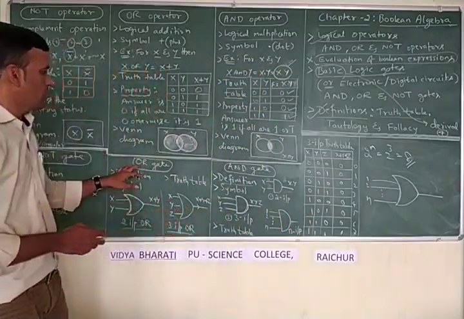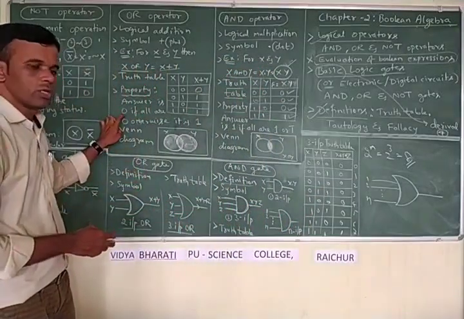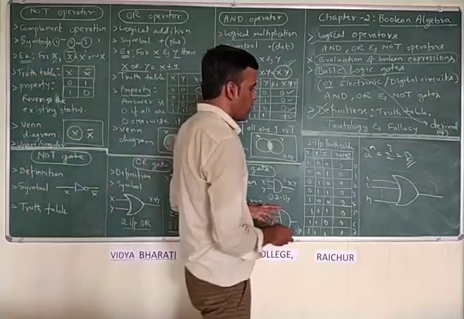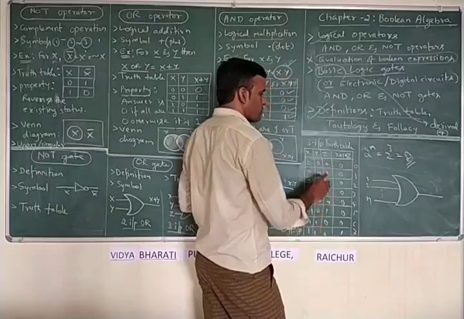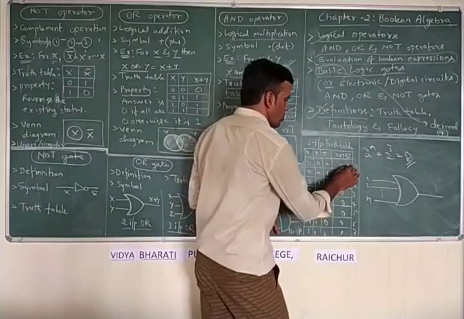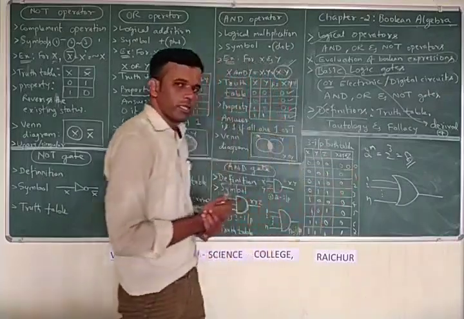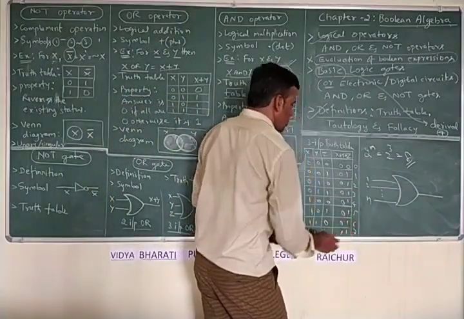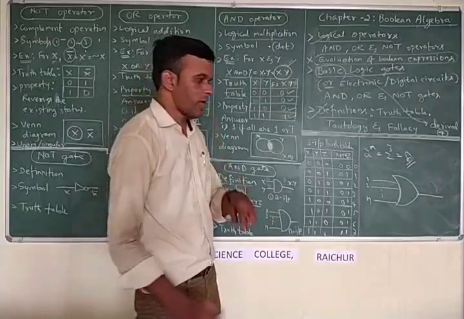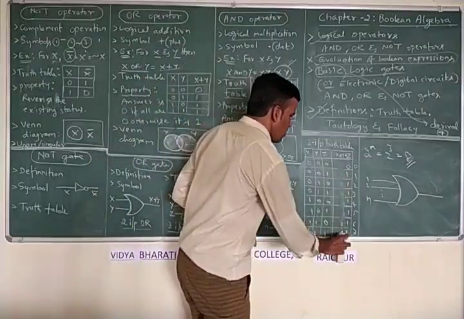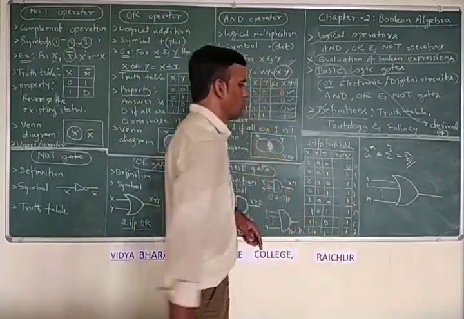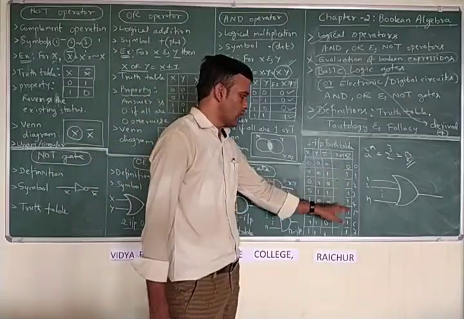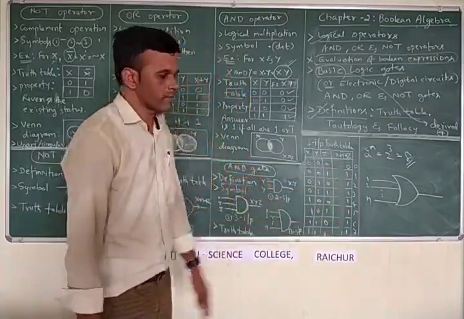The property of the OR gate says that it is going to be 0 if all are 0, otherwise it is true. So on the output side, you are going to get 0 only in the first case. All the remaining cases, the output is going to be 1 in case of OR. So only 0 when all are 0, and the remaining cases it is 1.